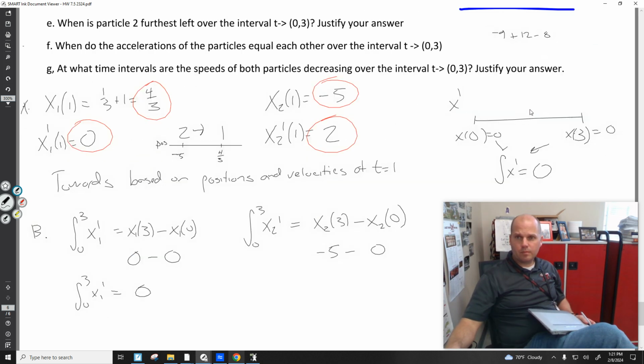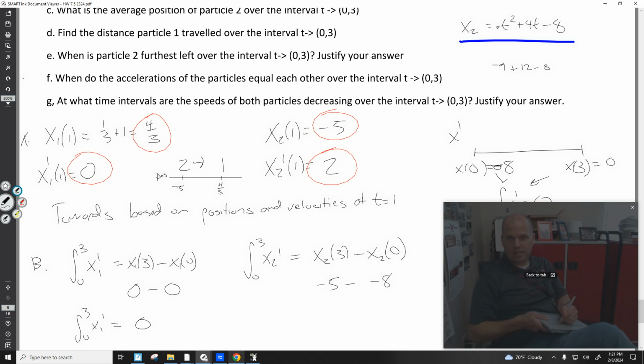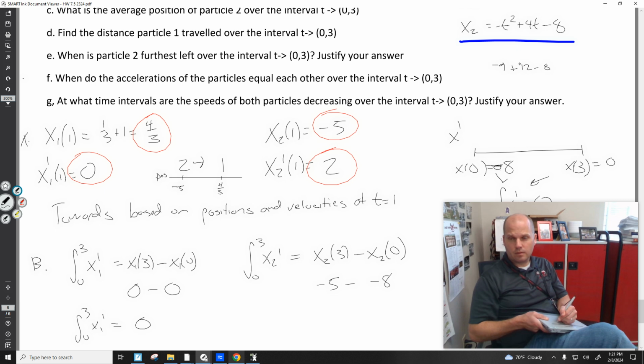And then negative 8. So particle 2 had a position of negative 8 to start. Then 3 seconds later, negative 9 plus 12 minus 8 is negative 5. If you go from negative 8 to negative 5, what happens? You increase 3.